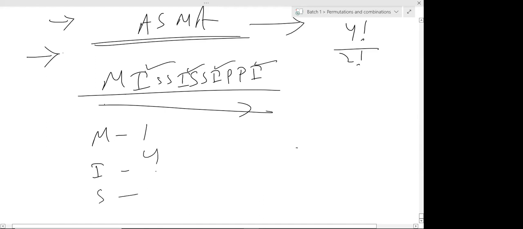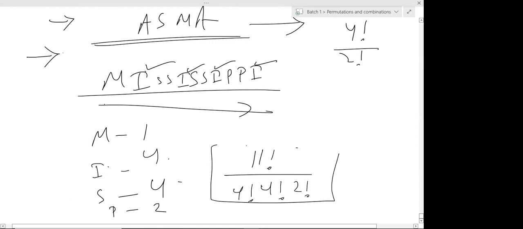S is 2 and 2, 4. P is 2, 3, 8, 11. So 11 total number of letters upon I is 4 times. So 4 factorial. S is 4 times, 4 factorial. P is 2 times, 2 factorial. This is the answer. Absolutely right. Clear? Yes, sir. Okay. Ashma, Gautam, Abdul.